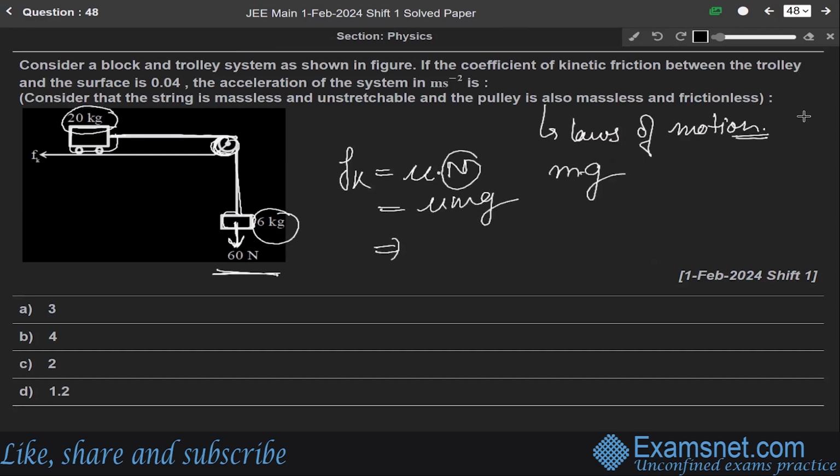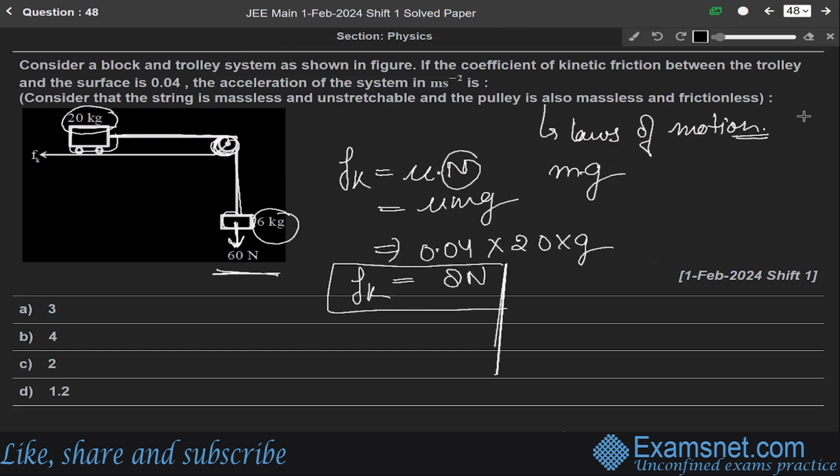Mu is given as 0.04, mass is 20 kg, sorry, not gram. 0.04 into 20 into gravity g, so it will be equal to 8 Newton. So this frictional force will be 8 Newton.